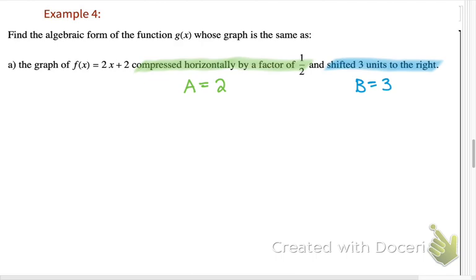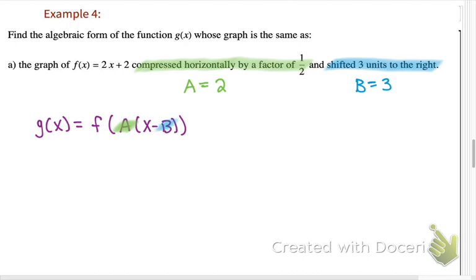Now, g of x is a transformation of f, and it's 2 horizontal transformations. Remember, those are the inside changes, A and B, but g of x is going to be found by doing f of A times x minus B. A is my green stuff in this case.